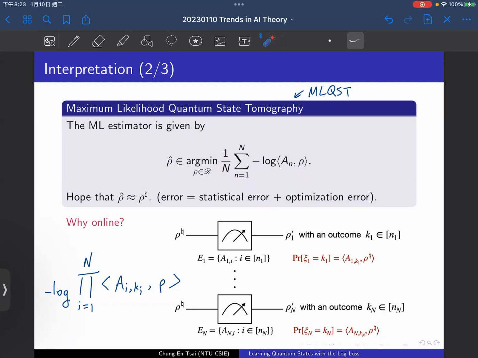As for the statistical error, this is because the outcomes we observed are random. So it is possible that we are very unlucky, and the data is very biased, or very bad. So by the law of large numbers, or the central limit theorem, we need n large so that the statistical error is small.